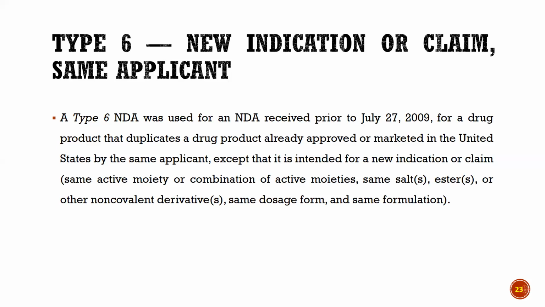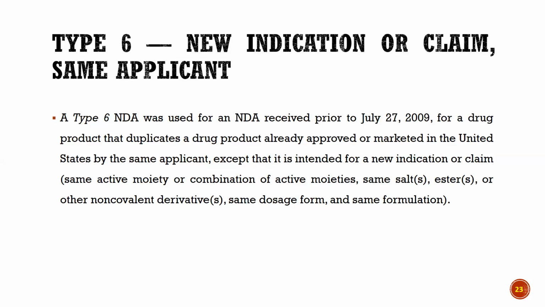If the manufacturer has identified another new indication, the applicant can file the NDA under type 6. We already have approval for this product as the same applicant, but we have identified a new indication, so the applicant can file the application under type 6.